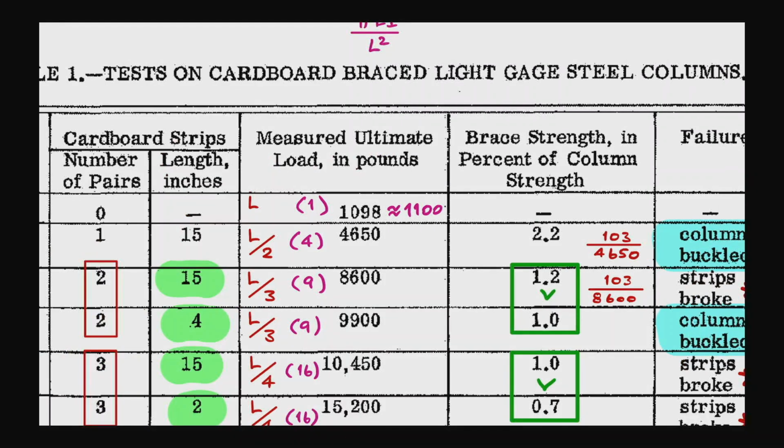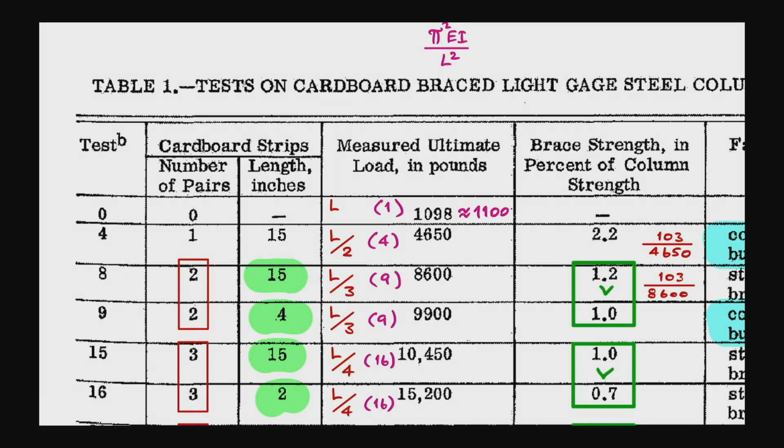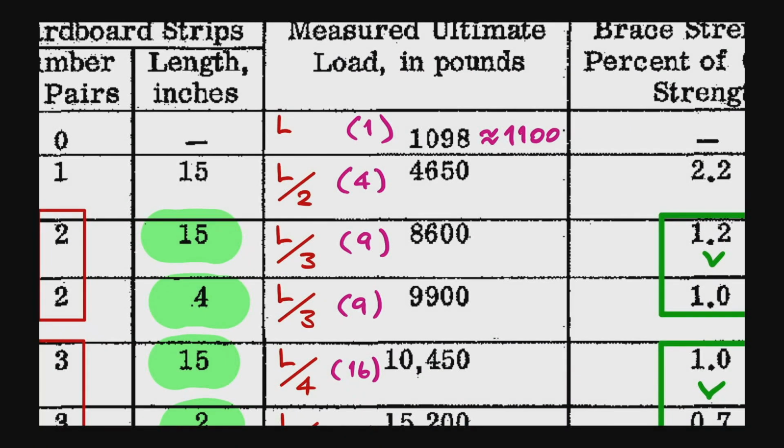Now we come to the next step. So the number of pairs of braces is further increased to 2 pairs, and then you have the L over 3 equidistance. The thing is that in this case, as you have the longer cardboard strip, you expect less stiffness, right?